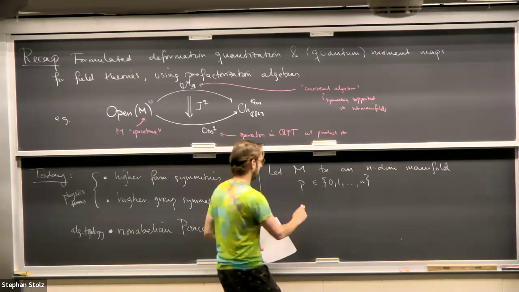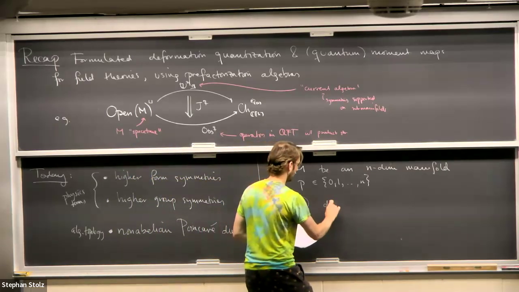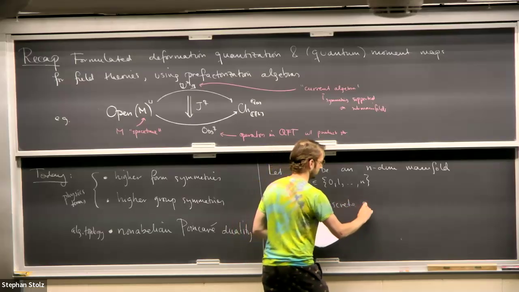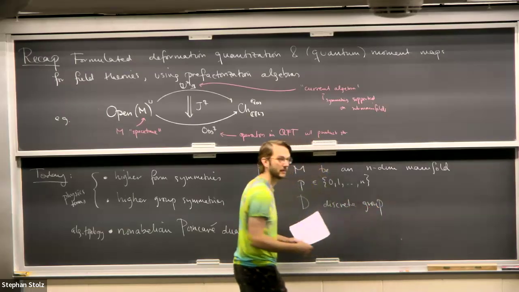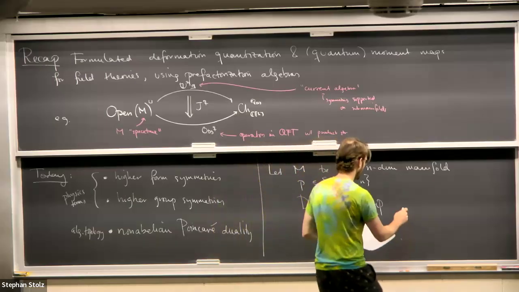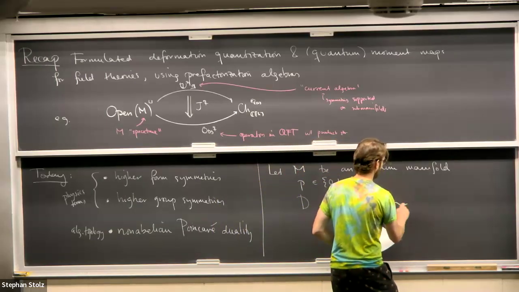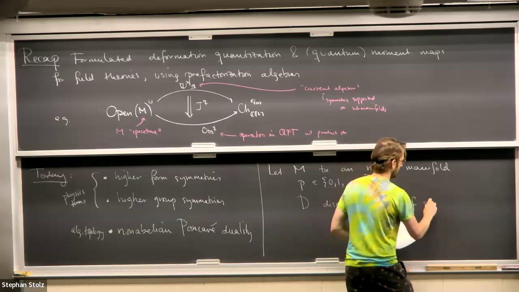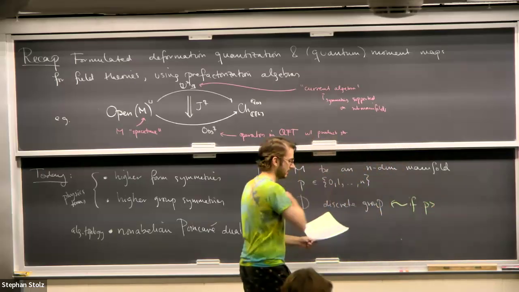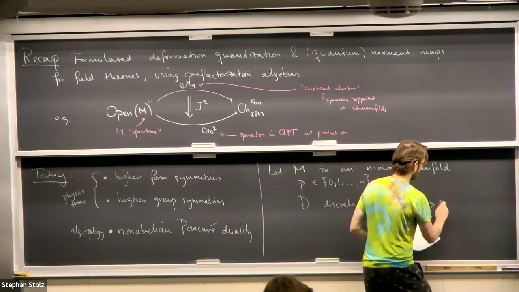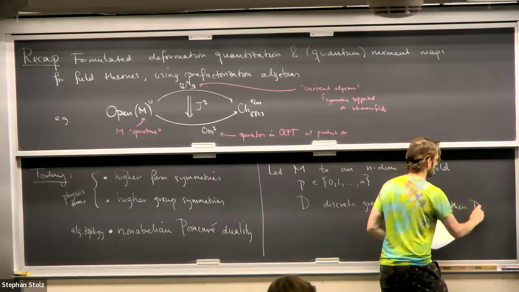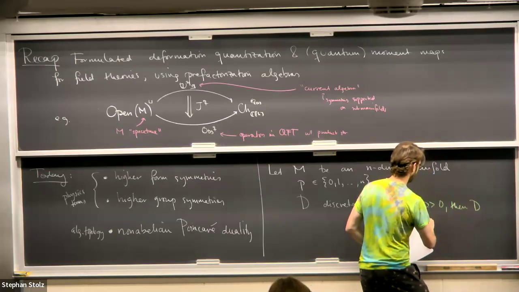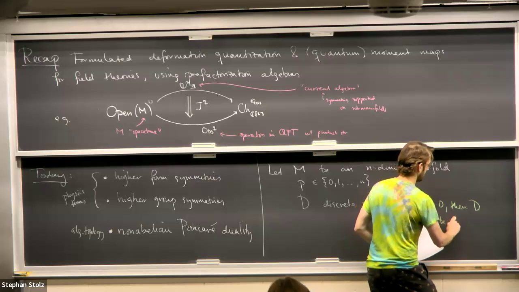And B is a discrete group for the purposes of the talk today. We'll see later that once I give a definition that depends on this information, P is bigger than 0.